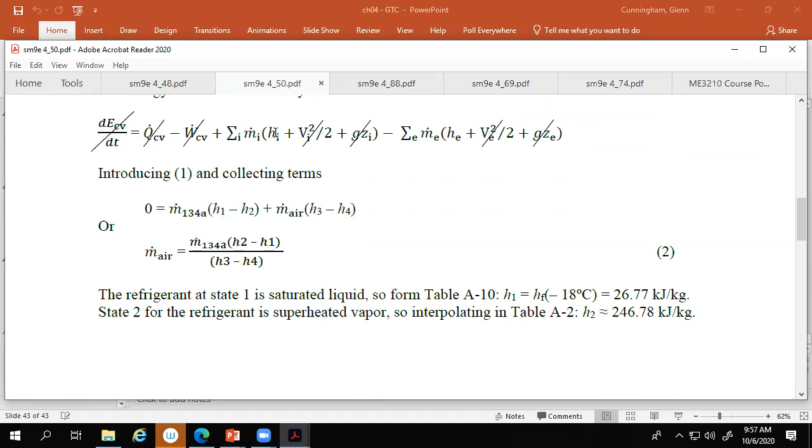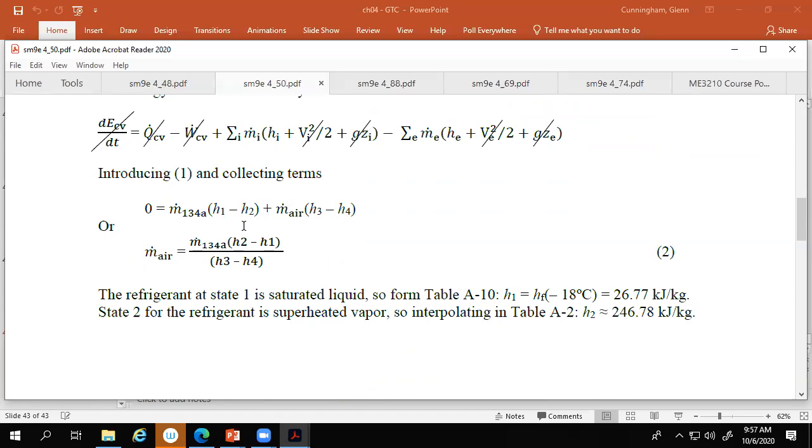So it's just h1 minus h2 over here. And the same thing for the air, mass flow rate of air times h3 where it comes in minus h4 where it goes out. Okay? Pretty simple, really. And then what's asked in the problem is to solve for m dot air.